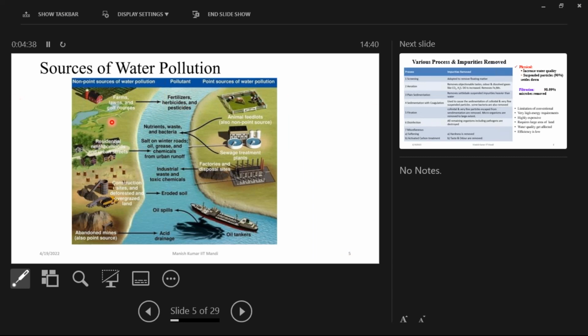Animals, farms and lawns, residential neighborhoods and urban streets, and then industries are the major causes. They are producing pollution in the water bodies, and we can minimize that and fulfill the demand for water just by purifying the water.